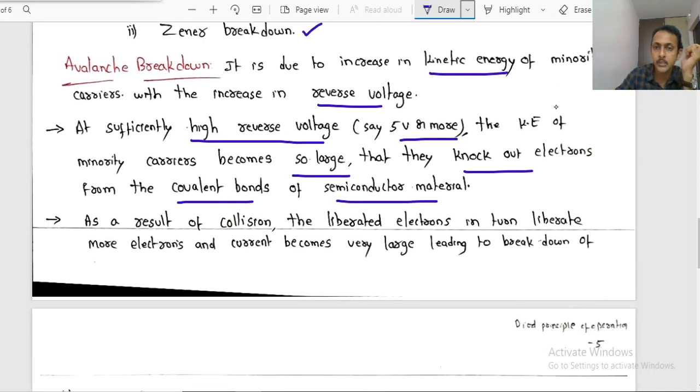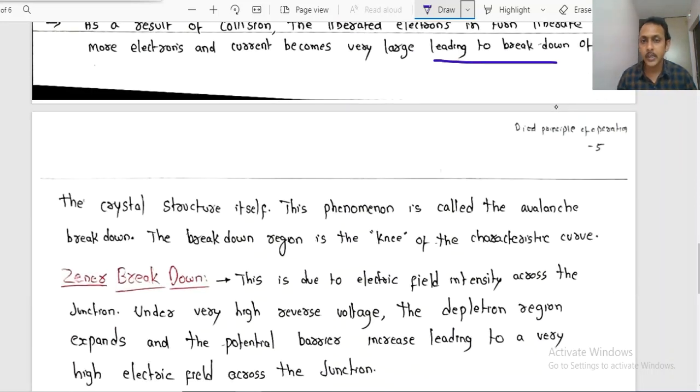Because of that, it leads to collisions and liberates more electrons, which in turn liberate more electrons, and more current will flow, which leads to the breakdown of the crystal structure itself. This phenomenon is called avalanche breakdown.